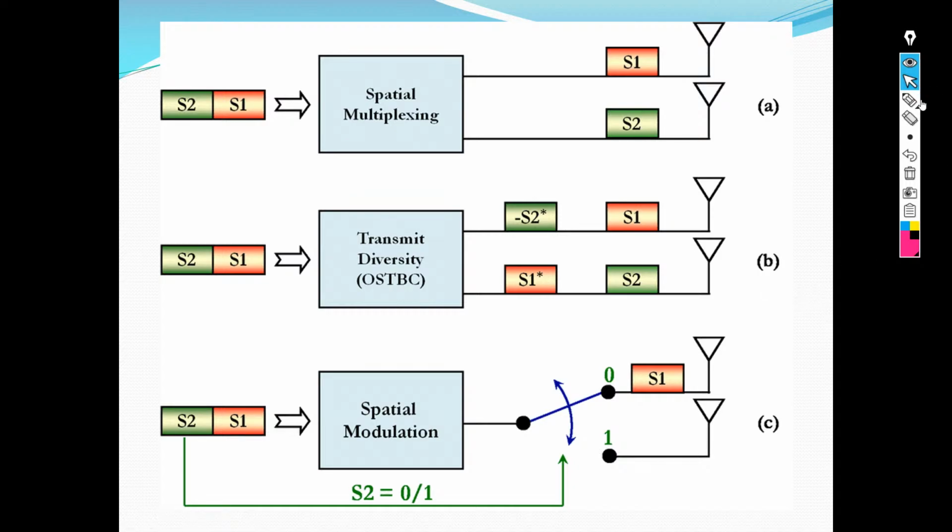And the main categories of MIMO that we usually see in the literature and being implemented in practice are spatial multiplexing, transmit diversity, beamforming and spatial modulation. We have four main categories for MIMO in the literature and in practical systems.